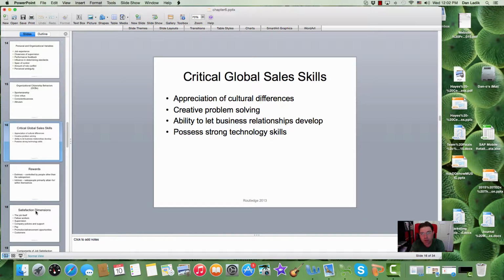I have to be pretty clear that the textbook and the majority of the literature that supports this textbook are North American centric. Or I think a better way to say that is individualistic culture centric. So there's individualism and collectivism. The United States, Australia, and England tend to be the highest individualistic cultures.